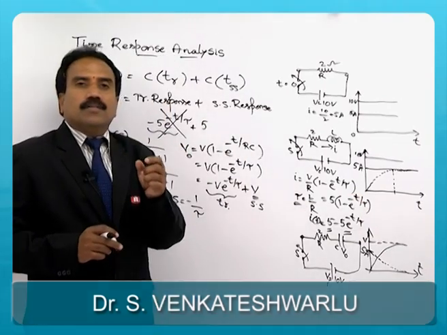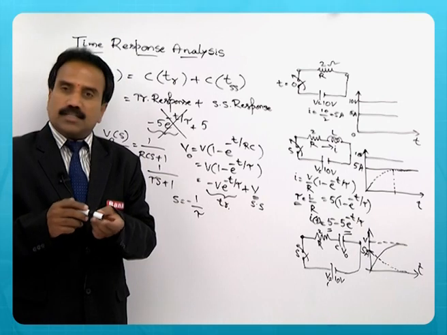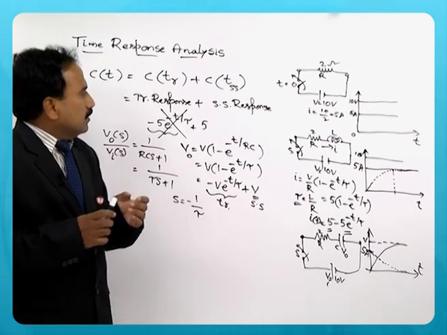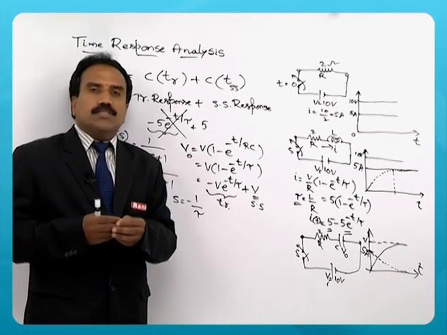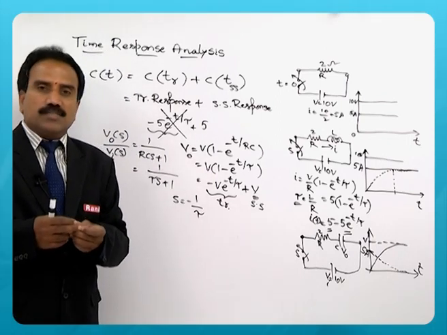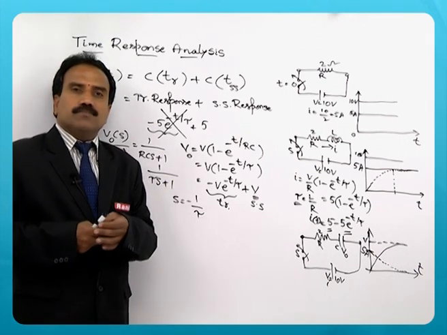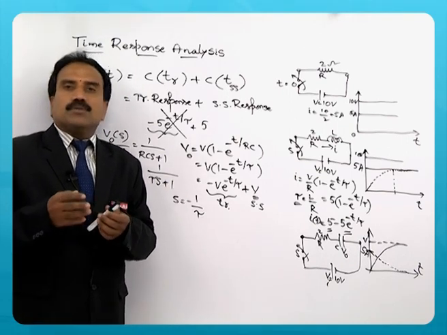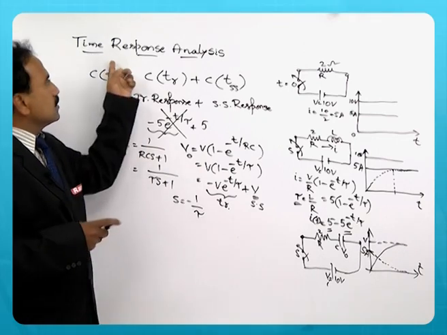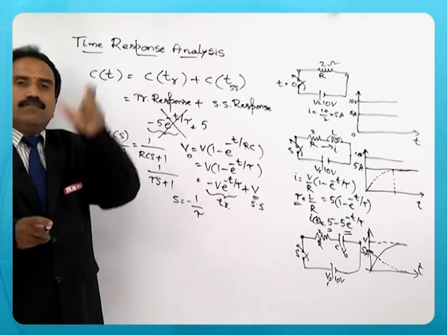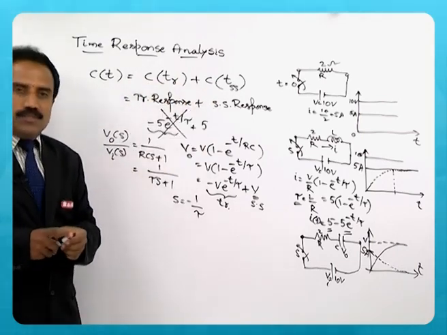So, it indicates that energy storage elements, maybe inductor or capacitor, will create transients. If there are no energy storage elements, there are no transients. There is no electrical or mechanical system present without energy storage elements. That is the reason why the time response of any system will definitely have a transient response and a steady state response.